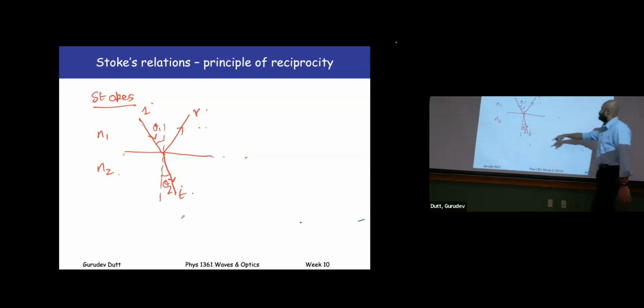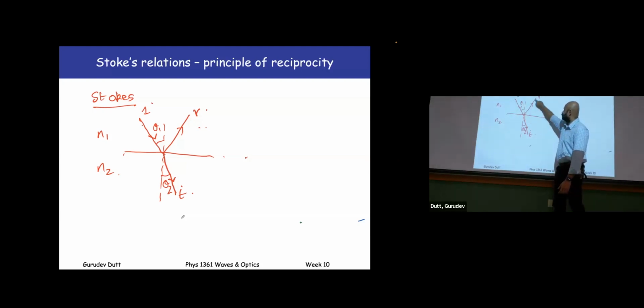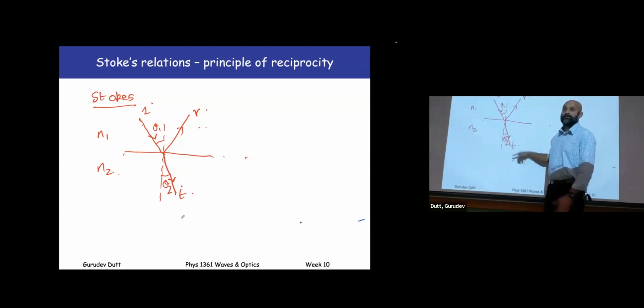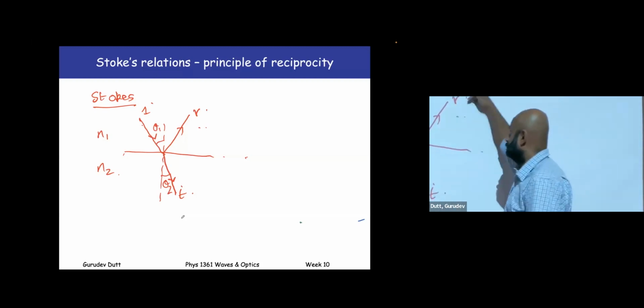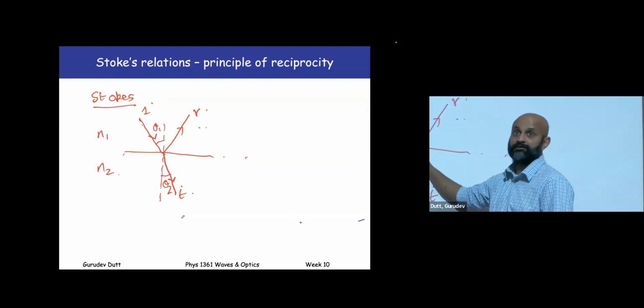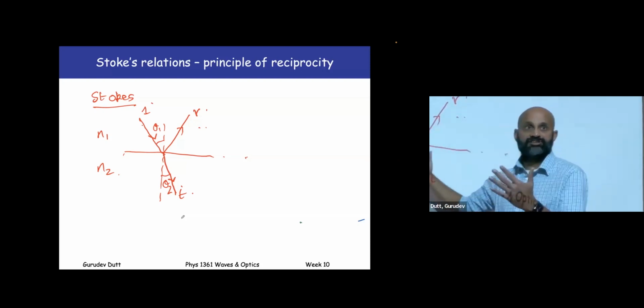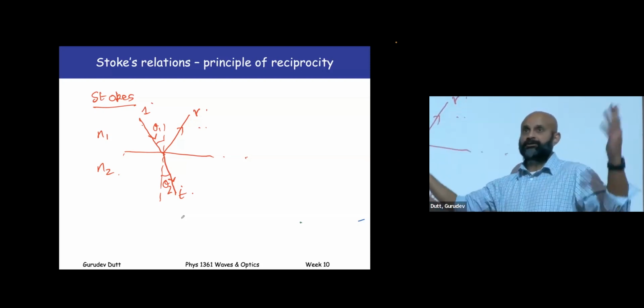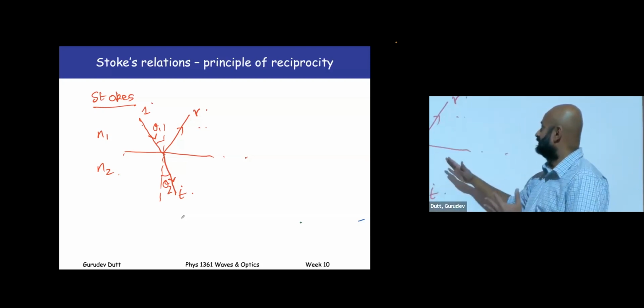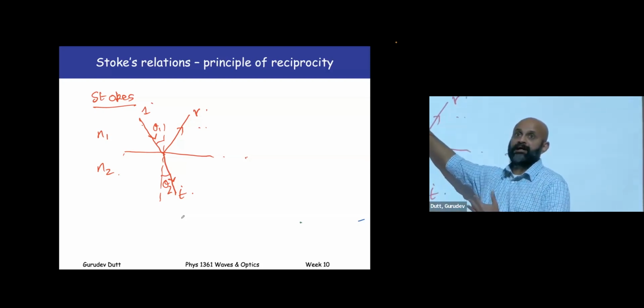So now instead of one beam coming in and two beams going out, imagine I have two beams coming in, one from this angle, one from this angle. Well, everything has to look the same, right? Because it's time reversal invariant, or the principle of reciprocity that we talked about when we did Fermat's principle. Everything has to look the same when I reverse the path of the beam.